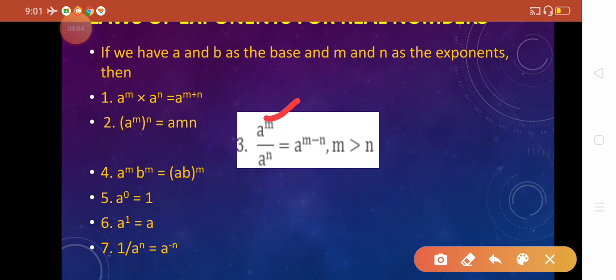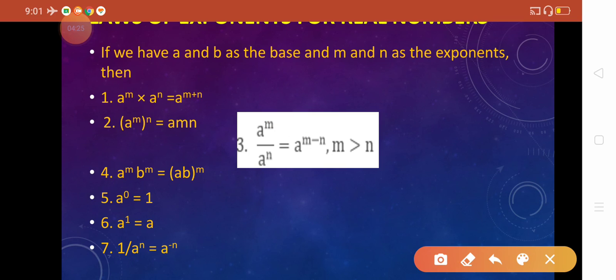Whenever multiplication is there, we add the powers, but whenever division is there, you subtract the powers.